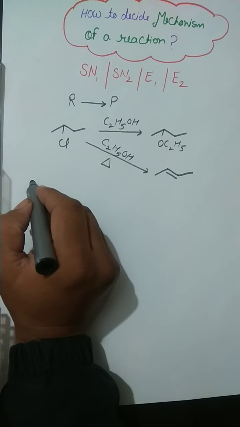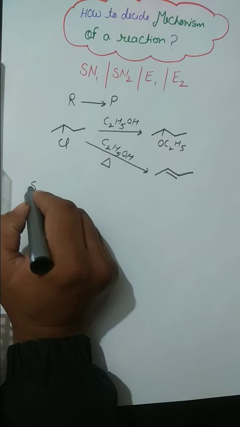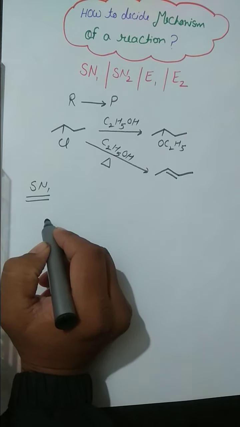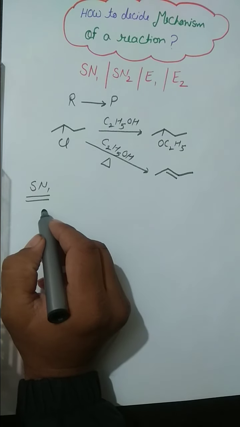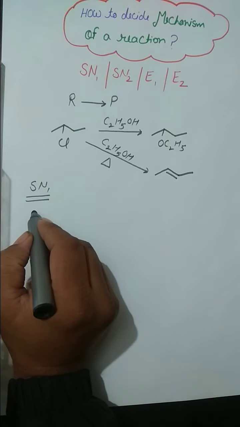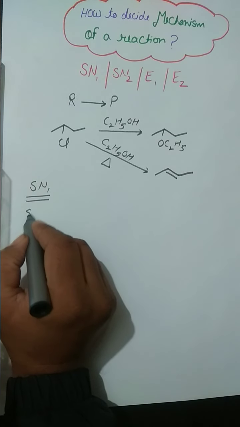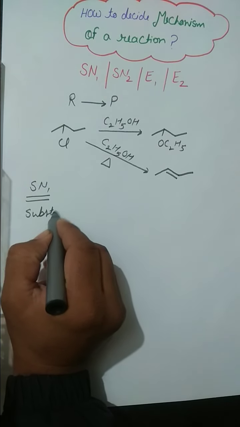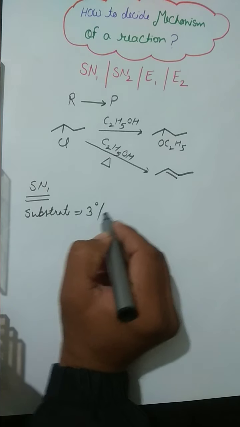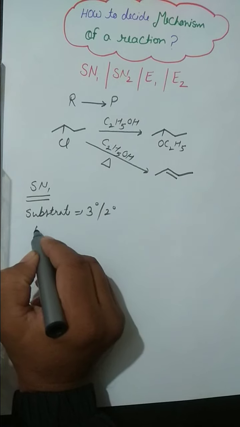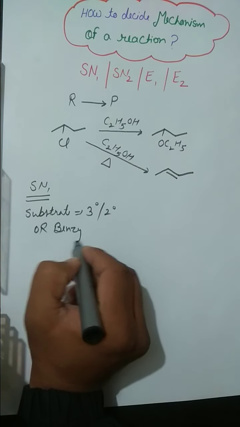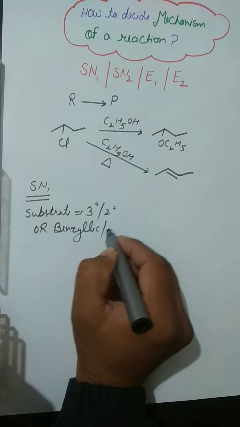For example, if we are talking about SN1 mechanism, what are the governing factors of SN1 mechanism? For SN1 mechanism, our substrate may be 3 degree or 2 degree or benzylic or allylic.